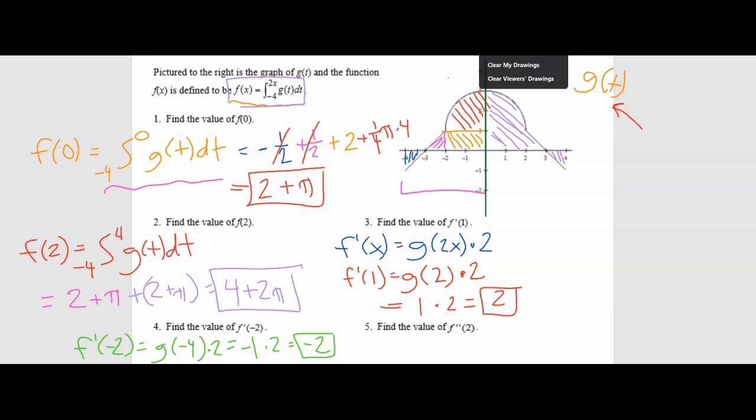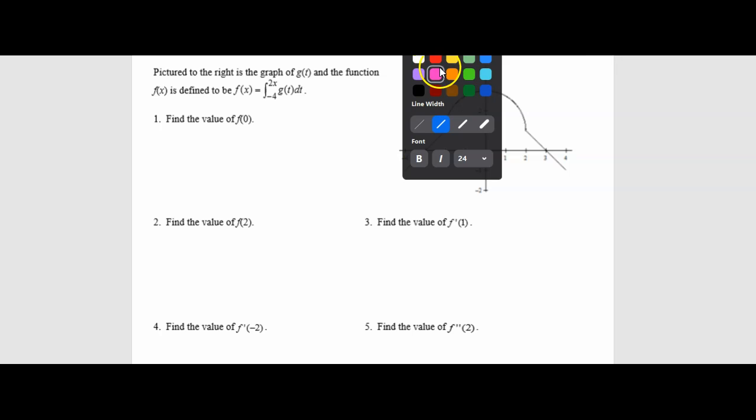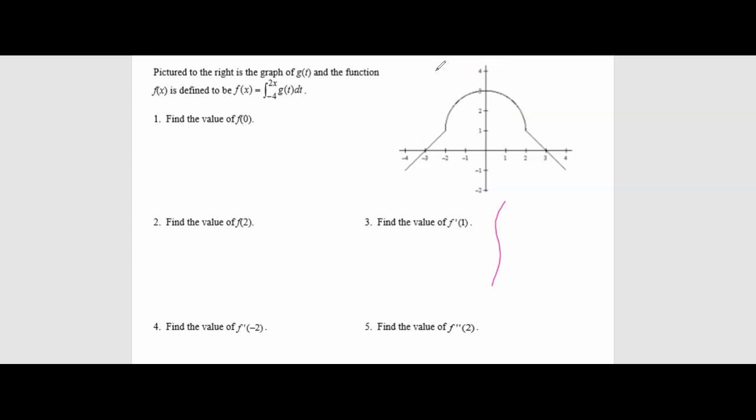All right, number 5. Now it says find the value of f double prime of 2. Well, let's clear this a little bit. Let me rewrite. I'll do the work in this space right here. So I know that f prime of x was equal to g of 2x times 2.